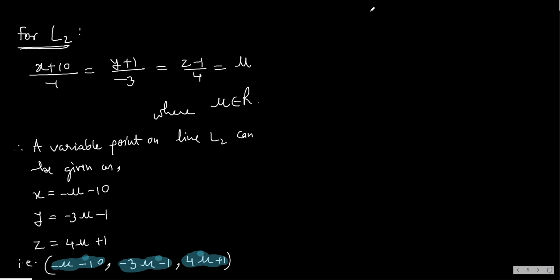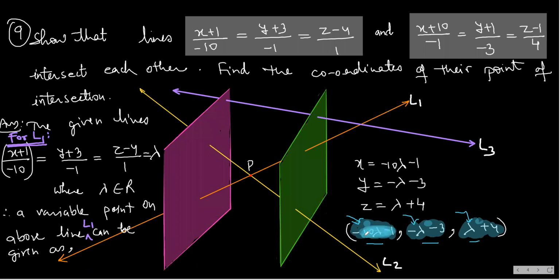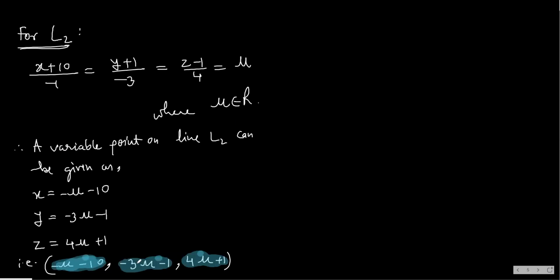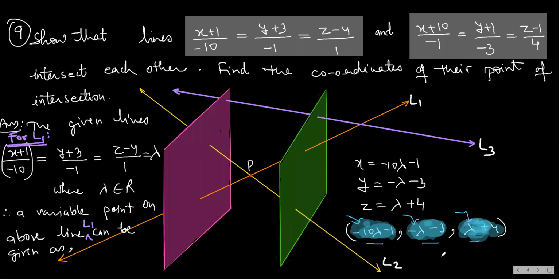What does that mean? It means that the X coordinate here will be the same as the X coordinate here, the Y coordinate here will be the same as the Y coordinate here, and the Z coordinate here will be the same as the Z coordinate here.